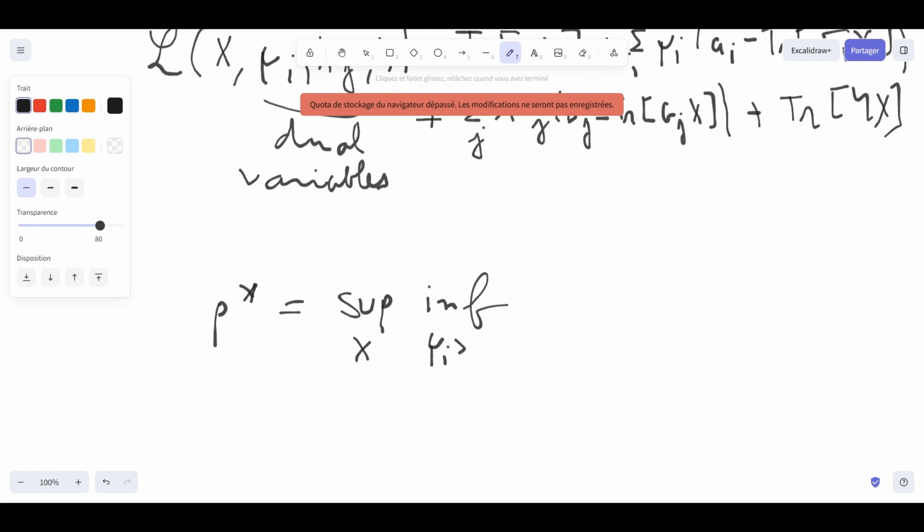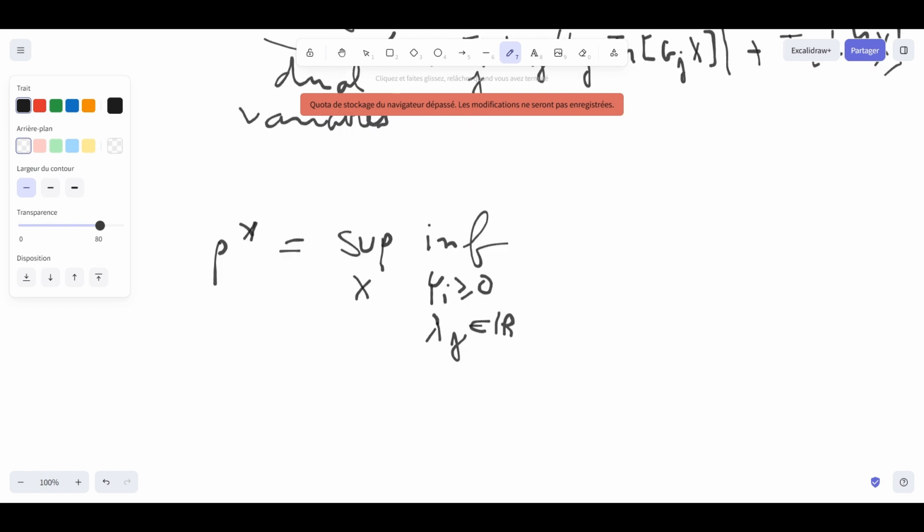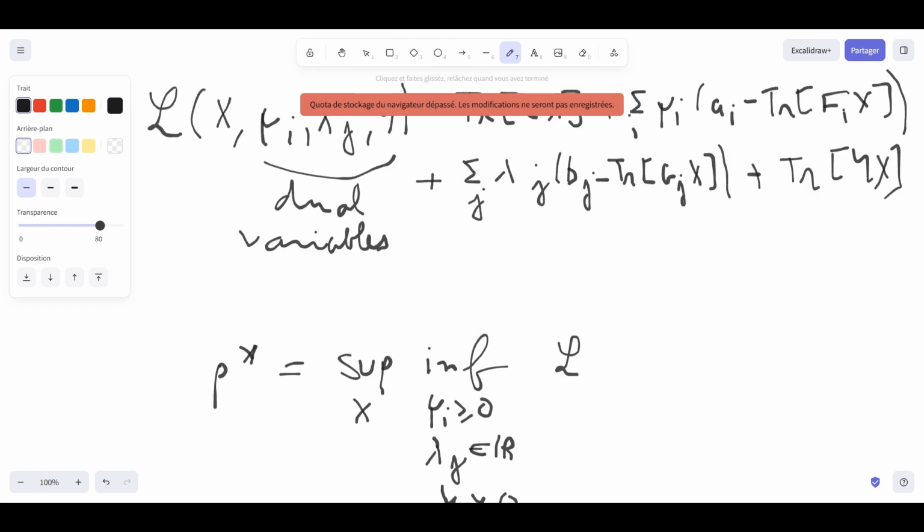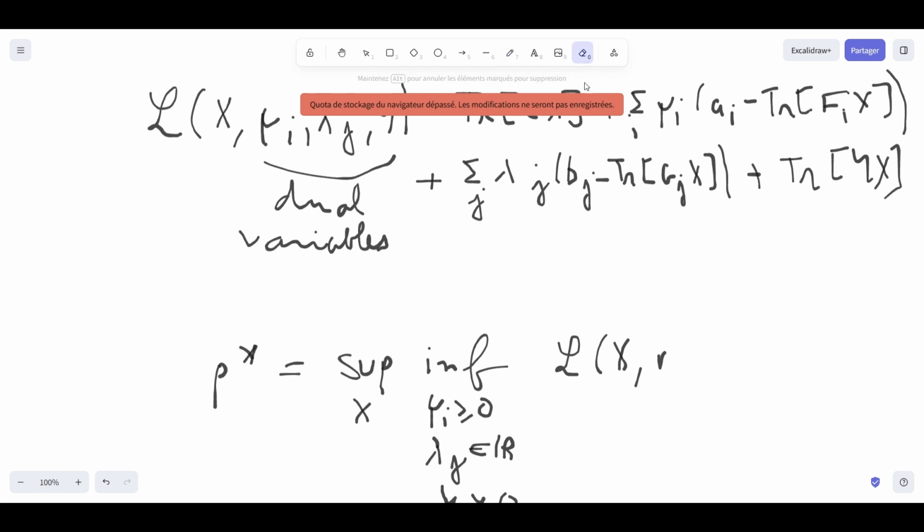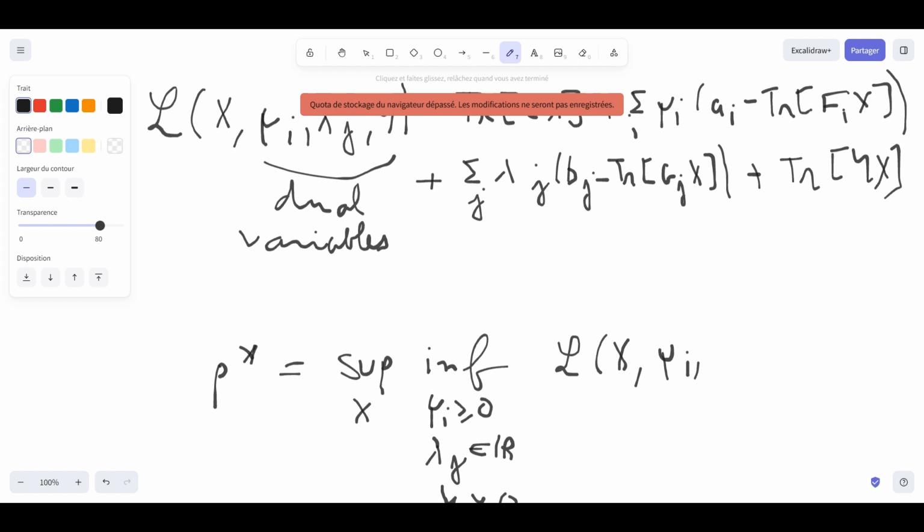So okay, also the Lagrangian, which is x, psi, lambda j, y.